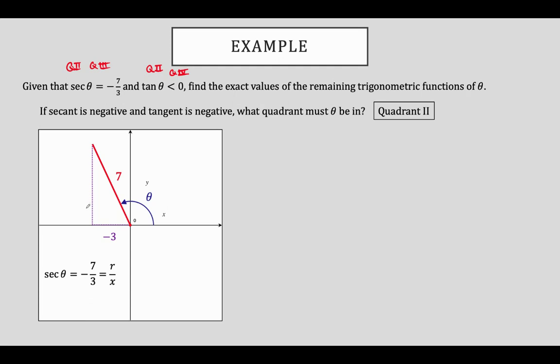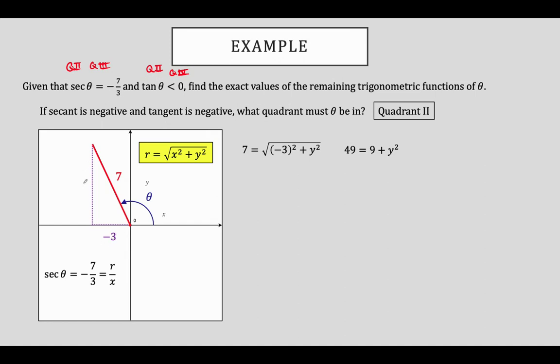Well, in order to evaluate our 6 trigonometric functions, we also have to know y. What's our relationship? Via the Pythagorean theorem, well, we know that r is equal to the square root of x squared plus y squared. Or 7 is equal to the square root of negative 3 squared plus y squared. If I square both sides of the equation, I get 49 is equal to 9 plus y squared. And again, you can get that straight from the Pythagorean theorem, right?